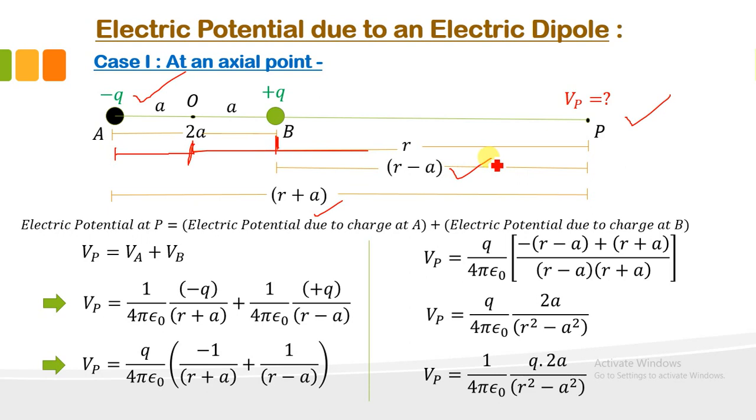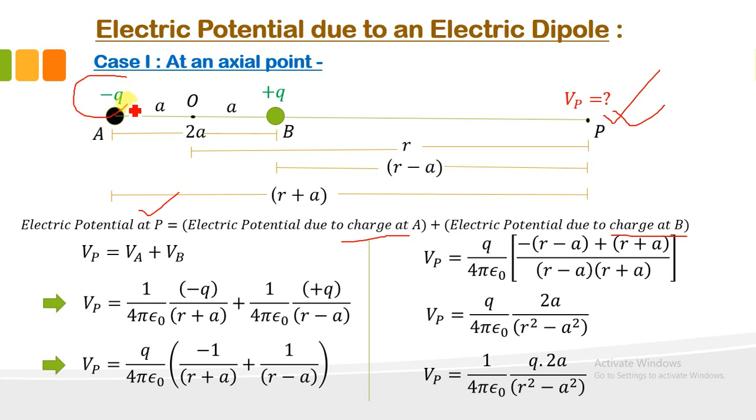Now electric potential at P means the potential due to the charge at A and the potential due to the charge at B. At this point there are two potentials, one because of the minus q charge and another because of the plus q charge. Apply the formula 1 by 4 pi epsilon naught q by r for each of the charges.